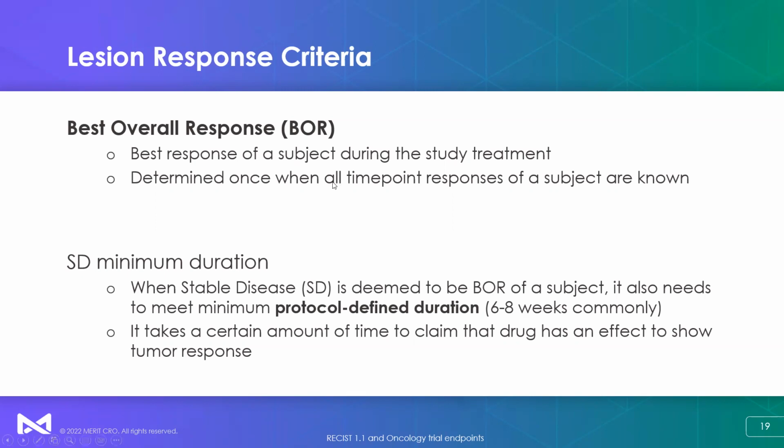The reason we consider this is that it really takes time for the drug to take effect and show tumor response. So we require that at least some time has to pass to claim that this response is really a drug effect, and not from past treatment or any other potential biases. So this is the SD minimum duration.